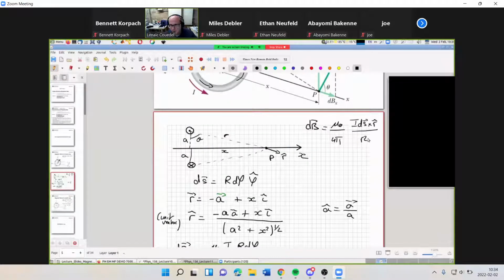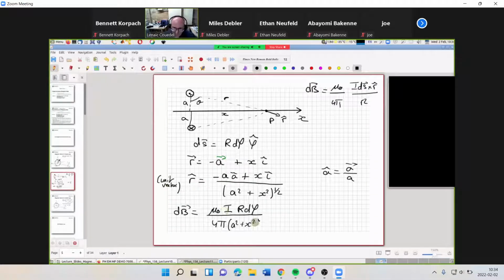So I have it once here. Times, I have to use my r hat here, so I have a square plus x square to the power 1/2 coming here. And now I just have my phi hat cross product of minus a hat plus x i hat. So this looks complicated, I agree, but it will simplify.